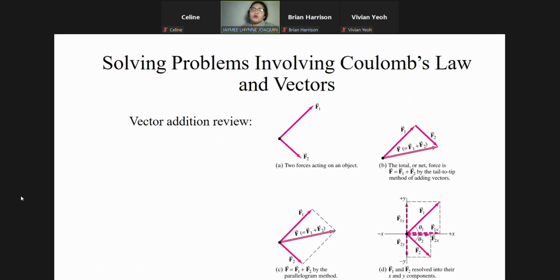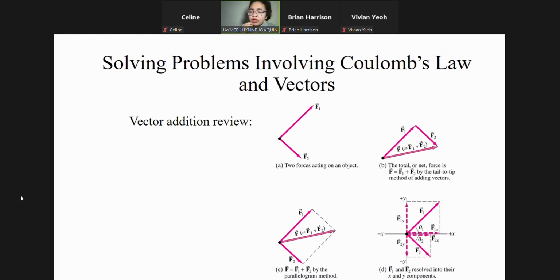So in your Coulomb's law or in your vector addition review, there would be different positions and different figures or shapes that are formed. Sometimes we create different sets of shapes, different sets of line segments, in the formation of different vectors.